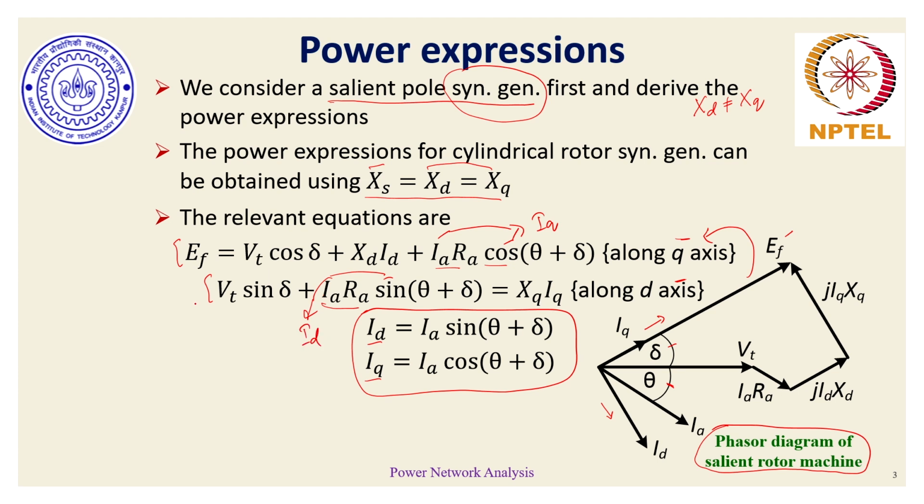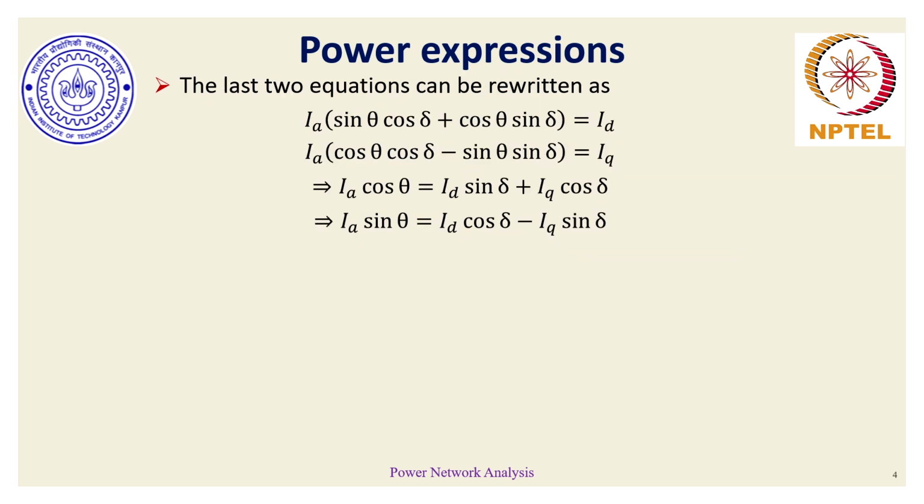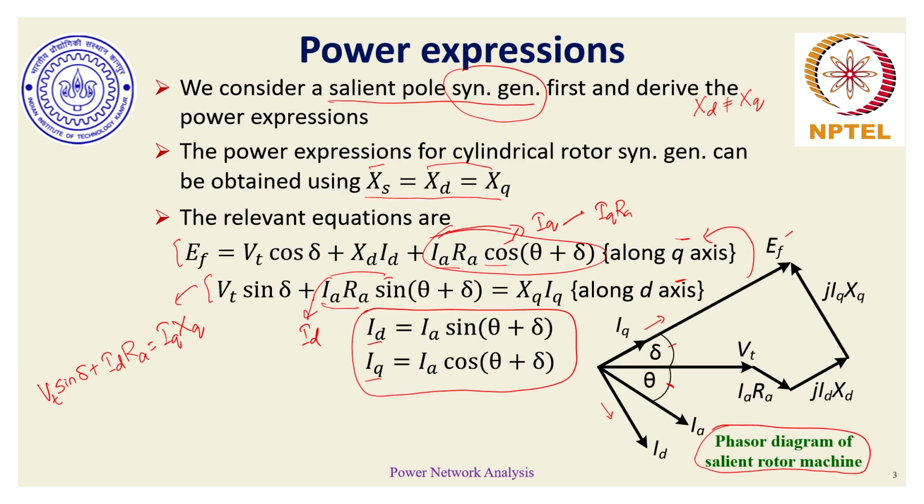So essentially, if I rewrite the second equation, it is Vt sin delta plus ID RA equal to IQ XQ. And similarly, I can rewrite the first equation as EF equals Vt cos delta plus XD ID plus, instead of this term, I can have IQ RA as the last term.